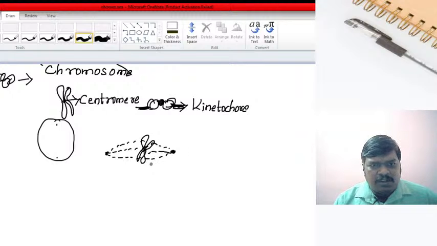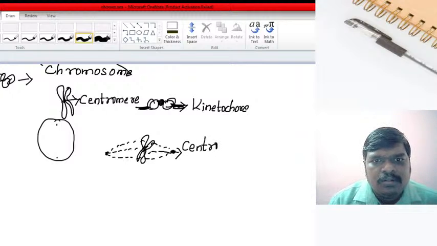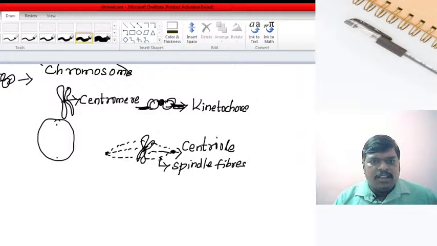So during cell division, what will happen? The spindle fibers that are formed from the centriole attach to the kinetochore.